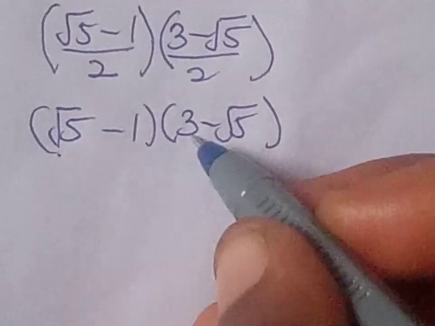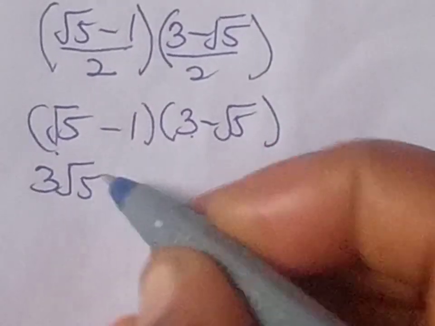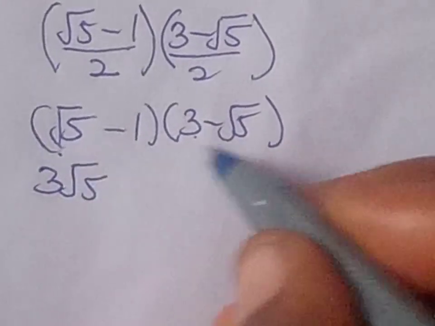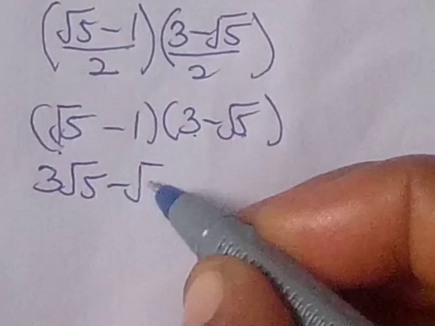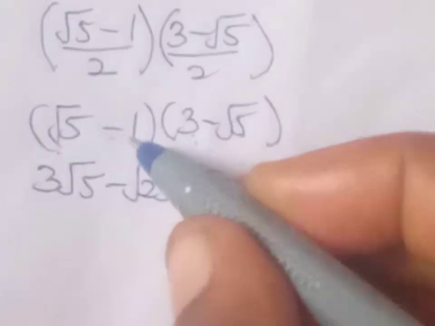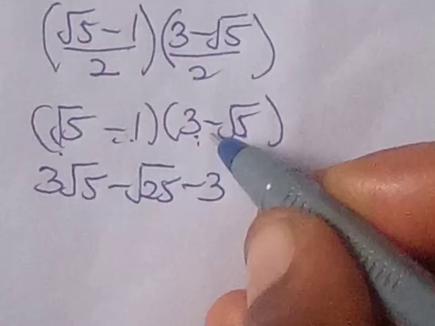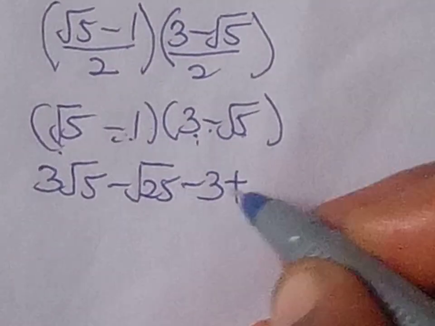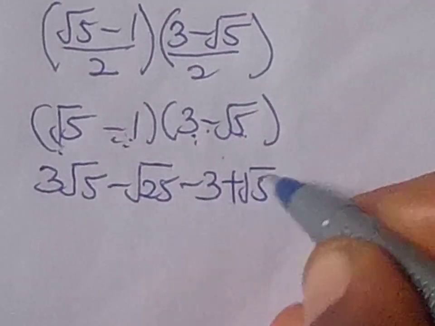Root 5 multiplied by 3 will give us 3 root 5. Root 5 multiplied by root 5 will give us minus root 25. Minus 1 times 3 will give us minus 3. Minus times minus will give us plus. 1 times root 5 will give us root 5.